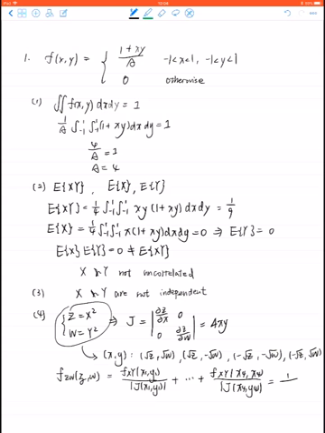And the answer should be 1 divided by 4 times the square root of z times w. In this case, we have found the joint density function of X squared and Y squared.